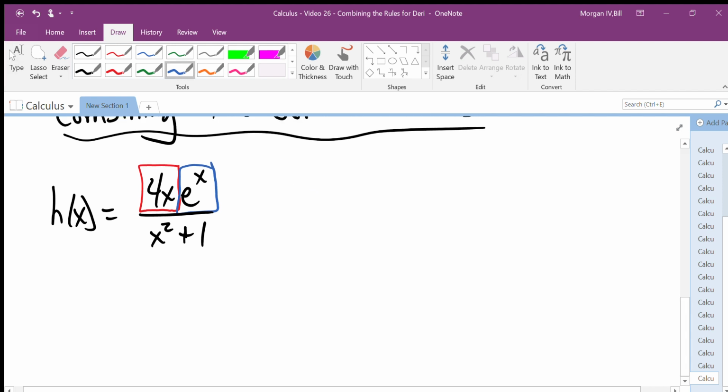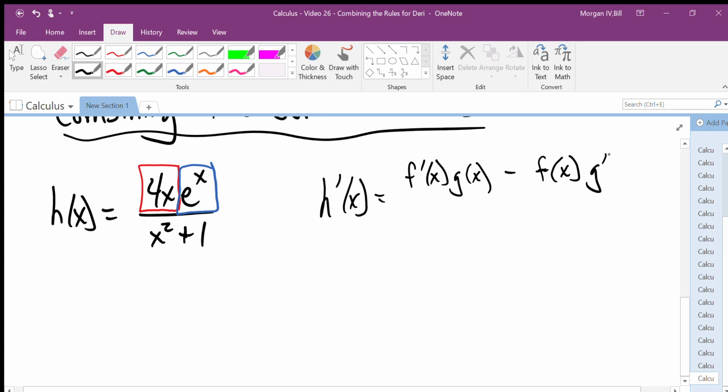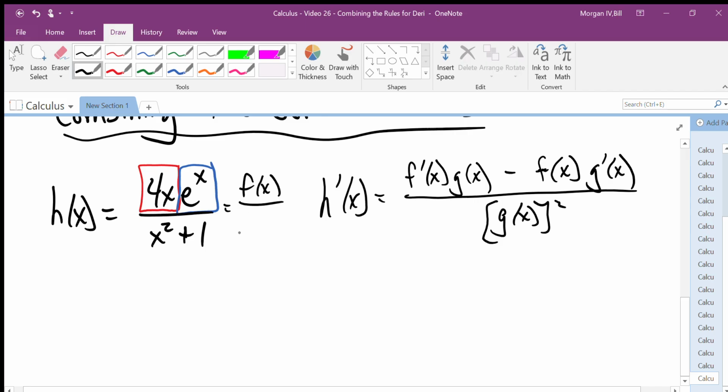We remember that h prime of x is equal to f prime of x g of x minus f of x g prime of x, over g of x squared, where f of x is the numerator, and g of x is the denominator.